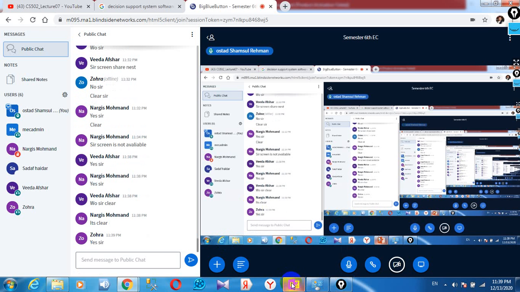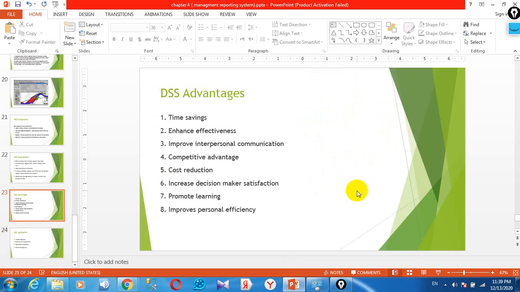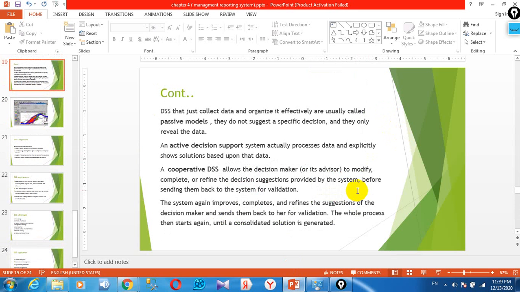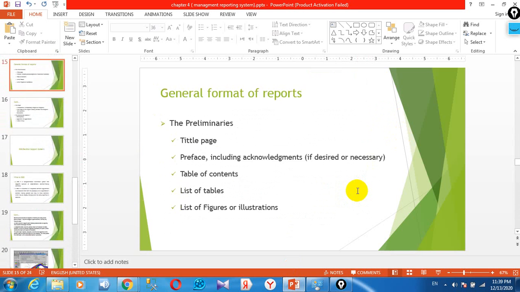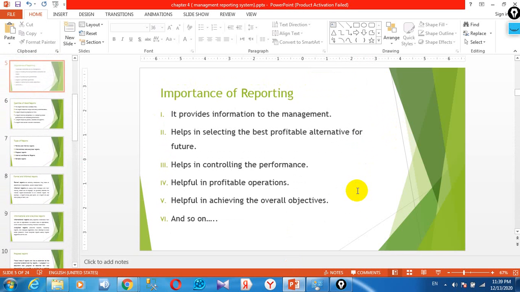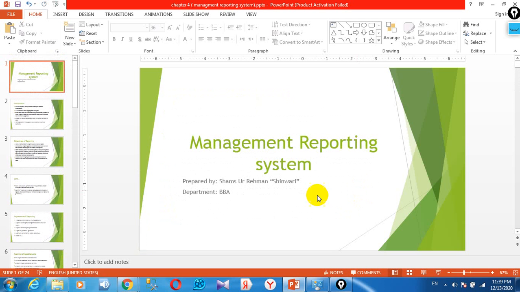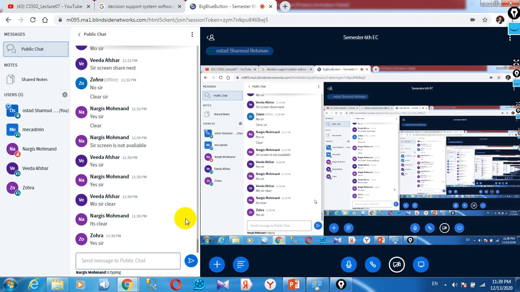Okay, so now this is the end of this chapter, which includes the DSS and reports of the MIS system. If you have any question in this chapter related to any topic, you can ask any question in the whole chapter.